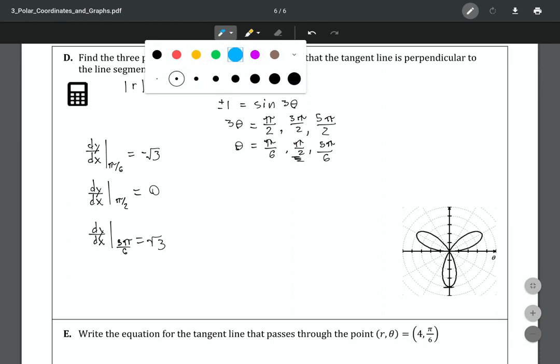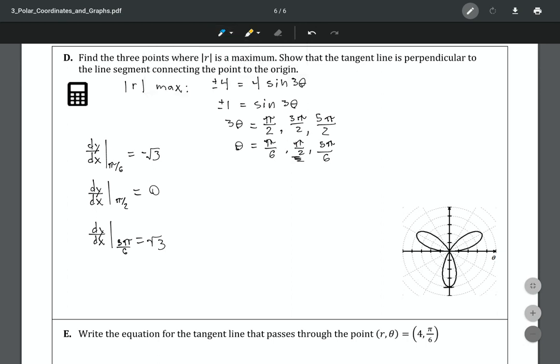Now, show that the tangent line is perpendicular to the line segment connecting to the point. So this would be square root of 3 over 3. Technically, it would be 1 over the square root of 3, but again, perpendicular ones. This would be undefined. And this is the easier one to tell, because pi over 2, the reason they call it pi over 2 is because they're talking about this entire line.